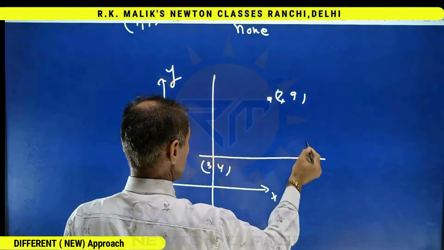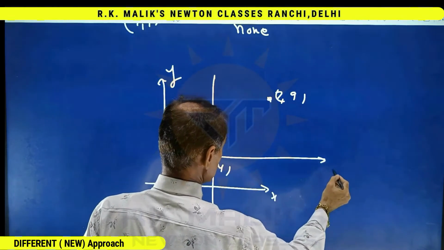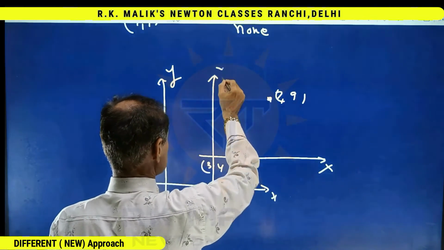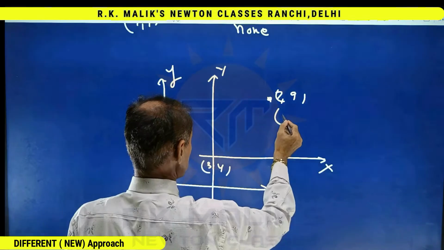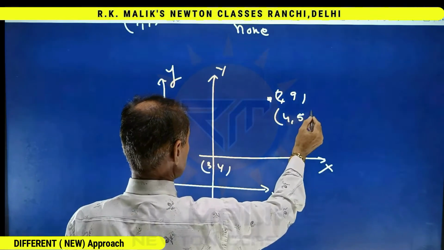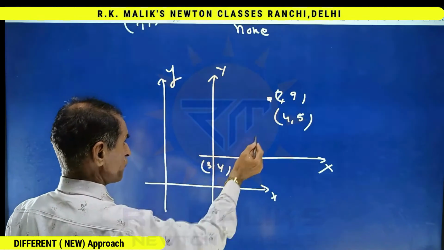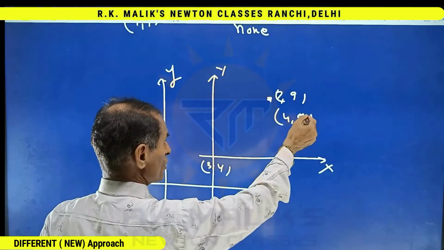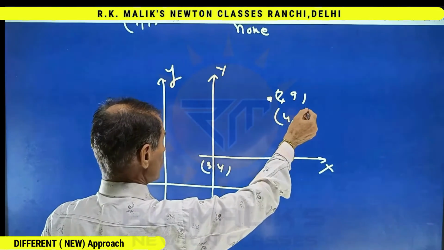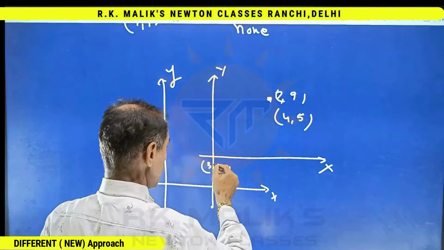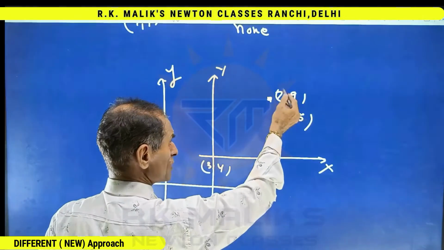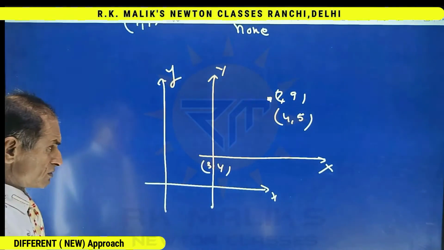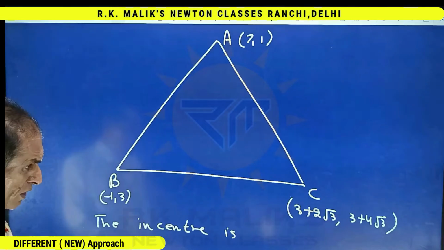Then the same point according to the new x axis, y axis will be (4, 5), that is subtracting (3, 4) from these. And if the new coordinates are known to you, you have to find the old coordinates, then add (3, 4) to this and you will get the old coordinates. The similar thing I am going to use here also.